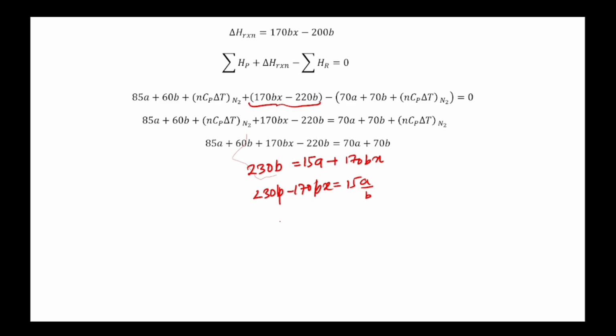So 230 minus 170x is equal to 15x, where A by B is x. So 230 divided by 185 is equal to x. So x, the ratio A by B, moles of CO2 to O2, will be 1.243. This is a little bit tricky question.